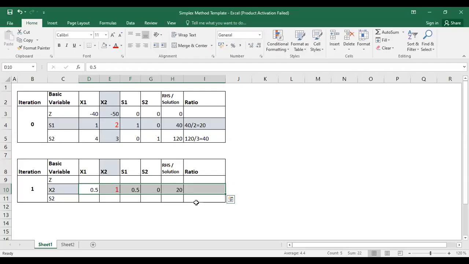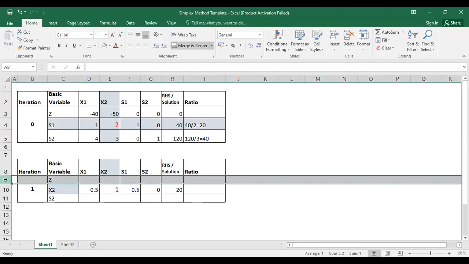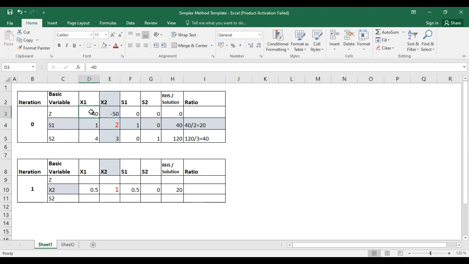All right. So the formula you have written down simply means: pick the current value. For instance, we're going to start with the 0. Let's compute for the 0 first. Pick the current value, minus its corresponding pivot column coefficient, this column.